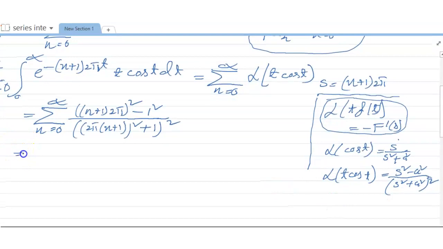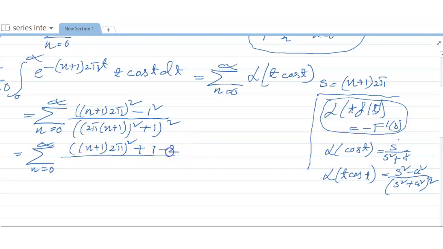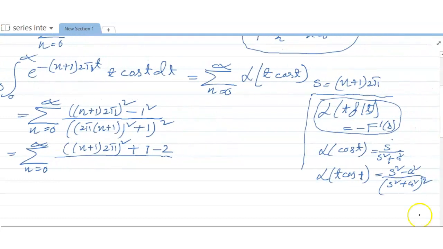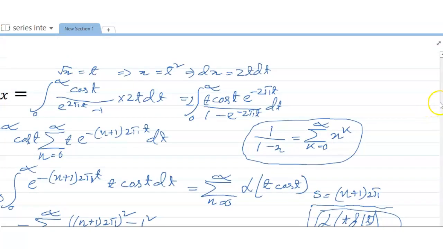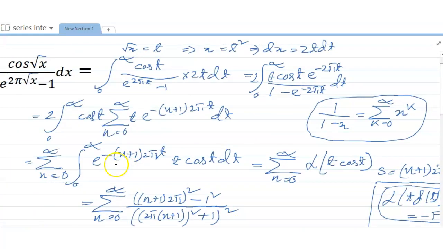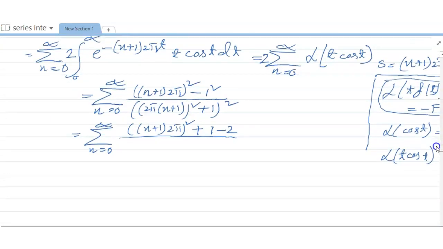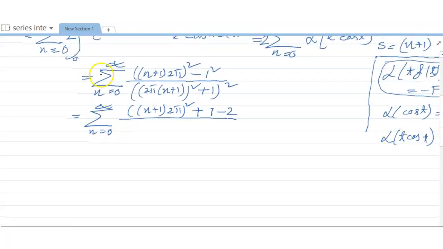After that, it can be written this way: summation n equals 0 to infinity of ((n plus 1) 2 pi) whole square plus 1 minus 2, and here is multiplying also 2, then we multiply 2 into ((2 pi (n plus 1)) whole square plus 1) whole square.